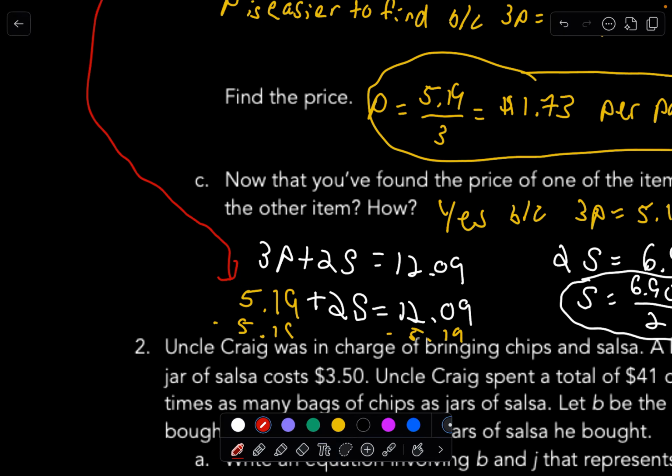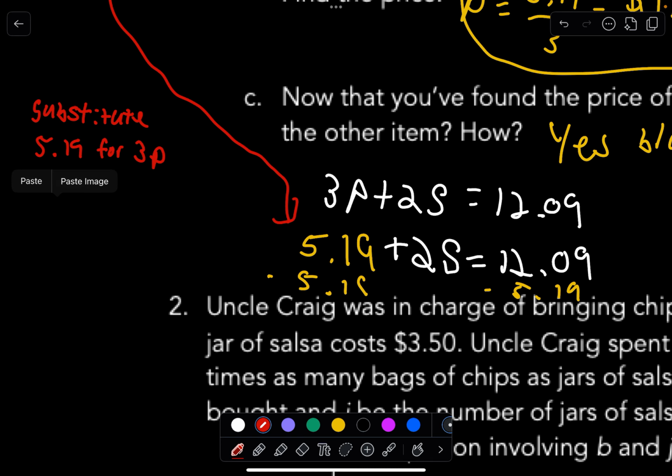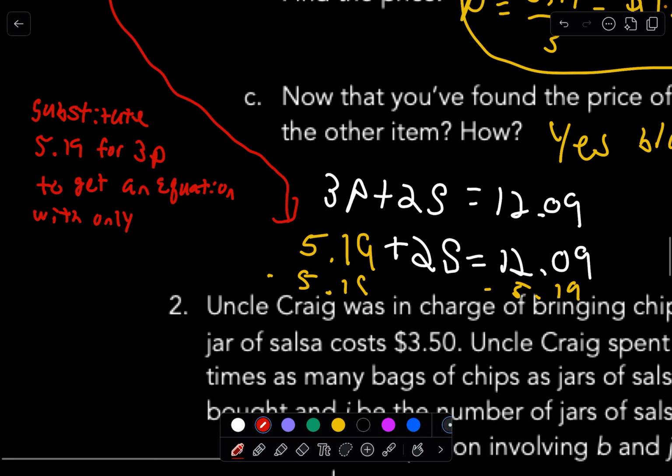What we did was we substituted 5.19 for 3P to get an equation with only one variable. And that was S. Or P, excuse me.